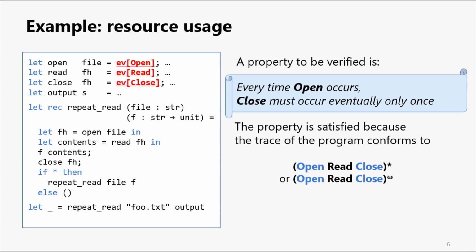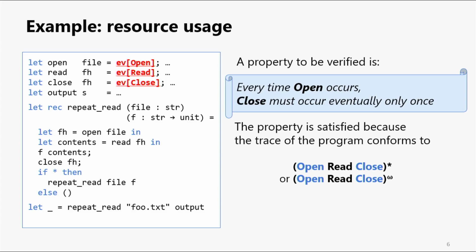Fortunately, this program satisfies this property, because we can check that the trace generated by this program conforms to one of two patterns. The first pattern is finite repetitions of open, read, close, and the second pattern is infinite repetitions of open, read, close.